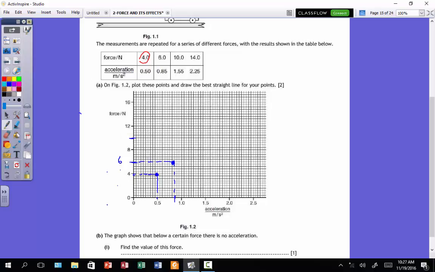This is the 10. And 1.55, which is this.